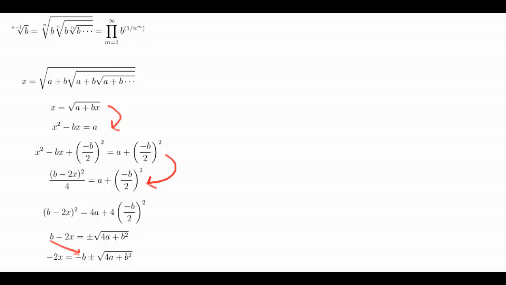And now that we have the equation into this form, we can finally get x to be all alone in the equation, as shown here. And in order to do that, we just simply divide each side of the equation by -2, which yields this form up top.